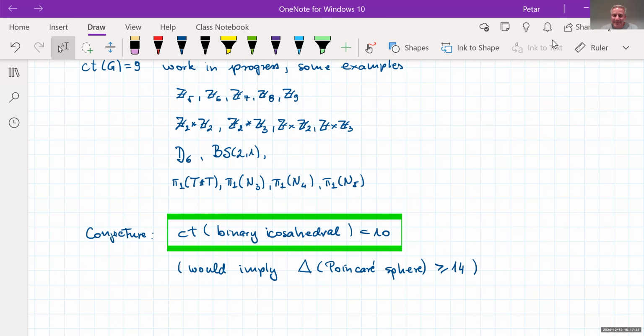So everything unwraps, and I think what I was getting at is, do you have an inequality like you have for LS category, where the covering type of the upstairs is less than or equal to the covering type of the downstairs always? You mean for the category?